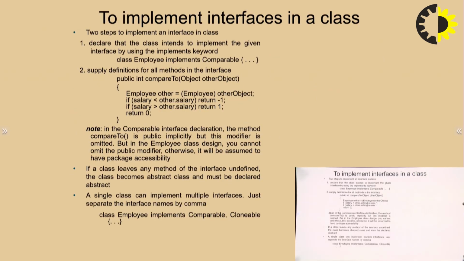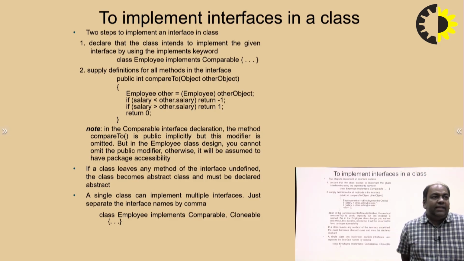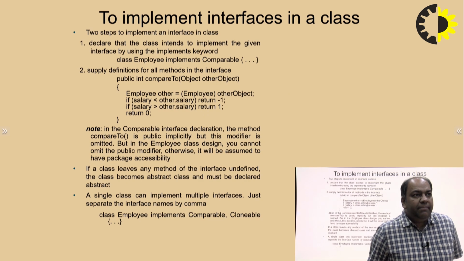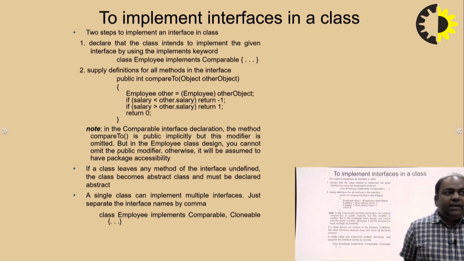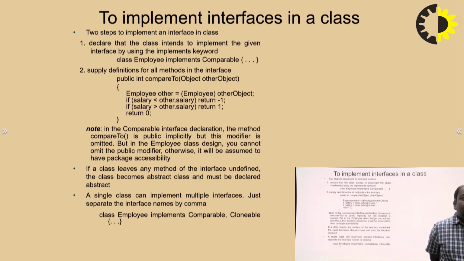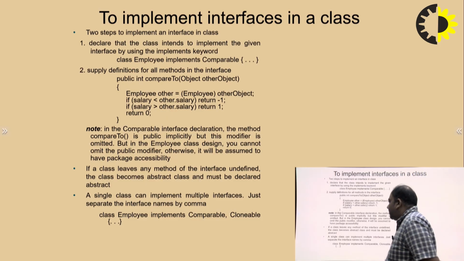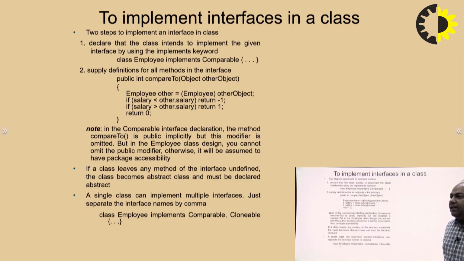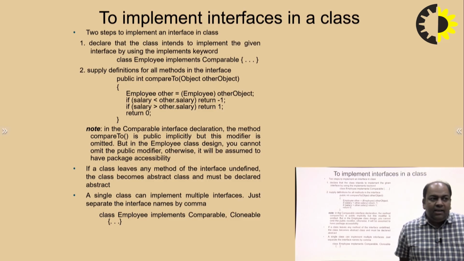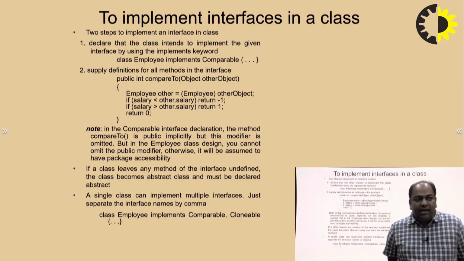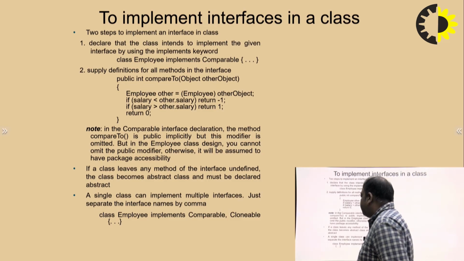So to implement the interface in a class, there are two steps. One is to declare that the class intends to implement the given interface, and to define all the methods of the interface. If a class leaves any method of the interface undefined, then the class becomes an abstract class and must be declared as abstract.